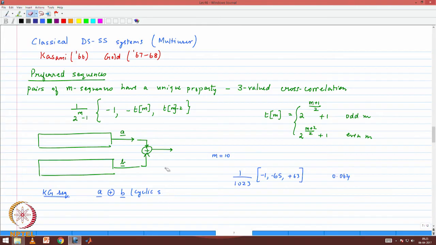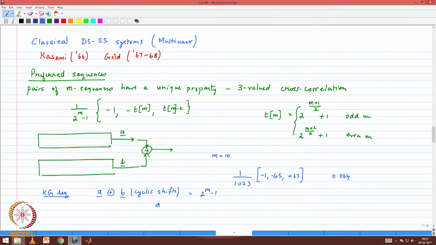Okay, and of course you can get 2 power m minus 1 cyclic shifts. Okay, so this basically will give you 2 power m minus 1 combinations. Basically, A is a sequence of length 2 power m minus 1, B is a sequence of length 2 power m minus 1. They're saying try all the cyclic combinations.